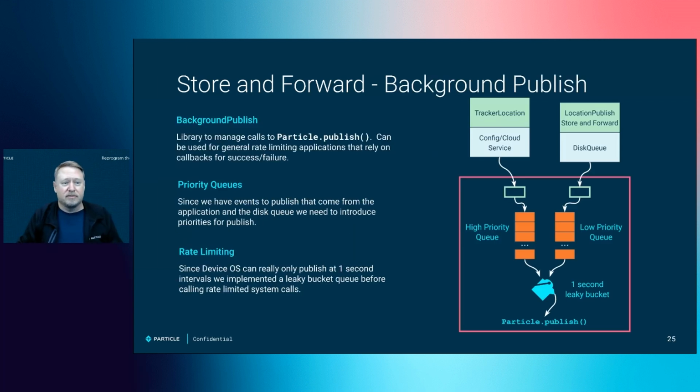Next slide, please. So the background publisher class manages the device OS access into the published message queue. Device OS has its own queue, a very small queue that is somewhat rate limited.